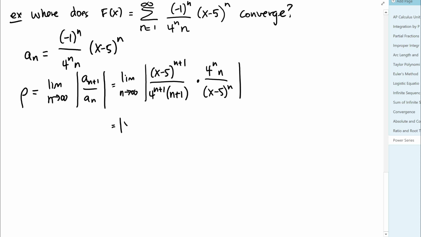And so there's an (x minus 5) that essentially just gets pulled out, and I get the limit as n goes to infinity of the absolute value of n over n plus 1. Most of the 4s cancel, leaving a 4.